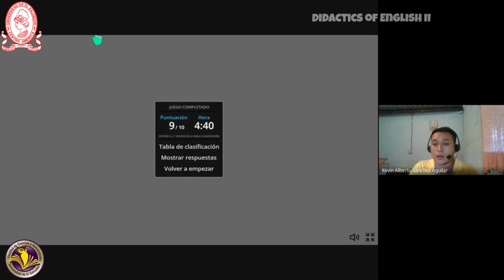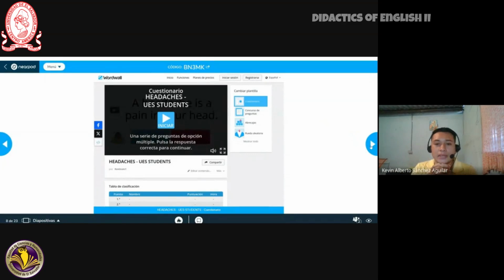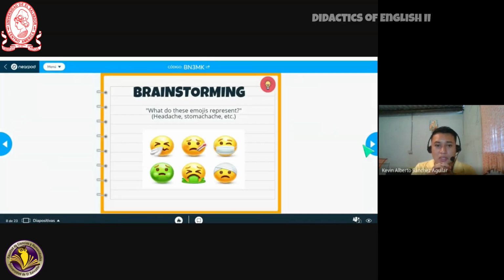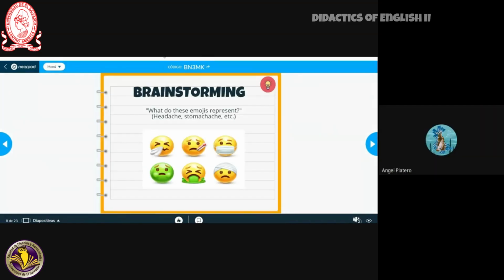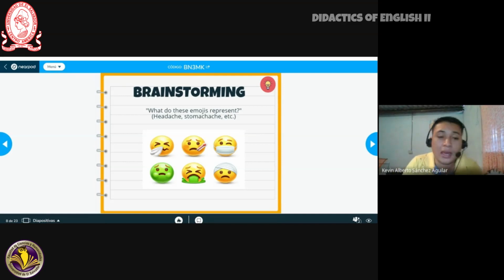So now we are going to start brainstorming some ideas related to some illnesses, right? For example, look at this. It says, "What do these emojis represent?" I know, guys, that today, when we use the chat, for example WhatsApp or any other platform, we use a variety of emojis. So we use the emojis to represent how we are, how we feel.